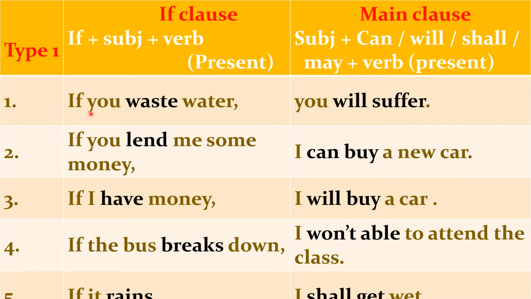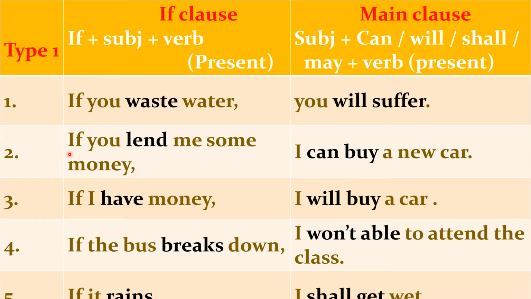If plus subject plus simple present tense, and in the result section we will have future tense, will suffer. So the structure of type 1 is if plus subject plus present tense in the if clause and subject plus will plus present tense in the main clause.